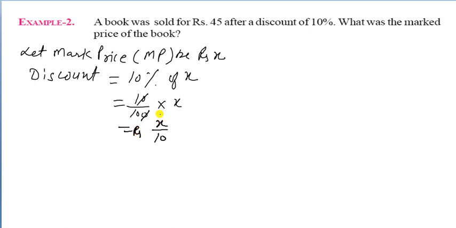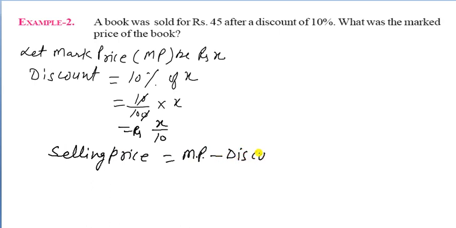Now find the selling price. The selling price is the mark price minus discount. The selling price SP is given as rupees 45.